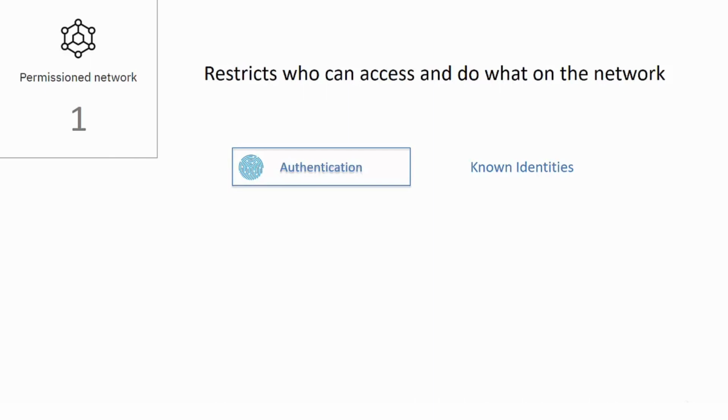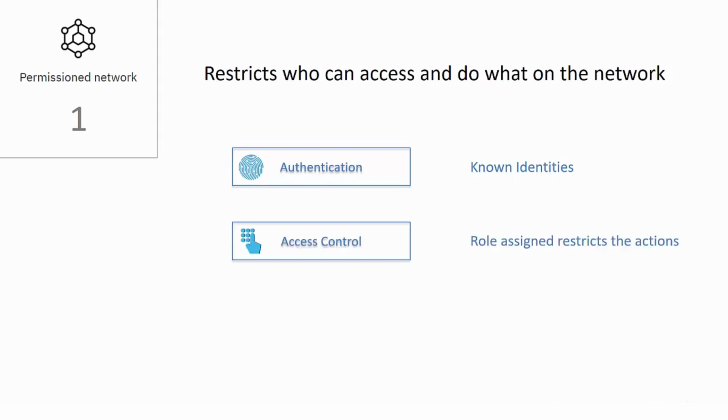Compare this with public DLT platforms such as Ethereum, where anyone can participate on the network as it is a permissionless network. Hyperledger Fabric provides ways by which roles are assigned to the participants and actions that can be taken by each of those roles are restricted by way of access control list.